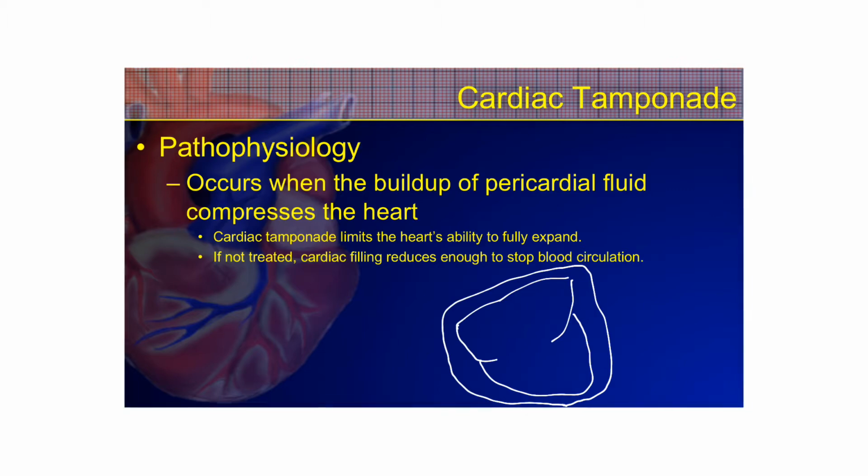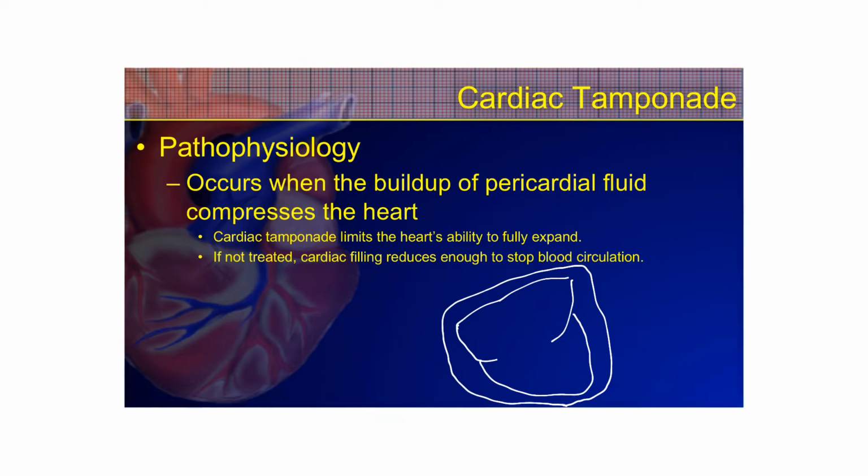So your joints have fluid within the bursa, and your spine has spinal fluid. Everywhere in your body, there's fluid if there's movement. Your lungs have fluid around them in the pleural sac. And in the pericardial sac, you have fluid because of the friction that can be caused by contraction and relaxation.